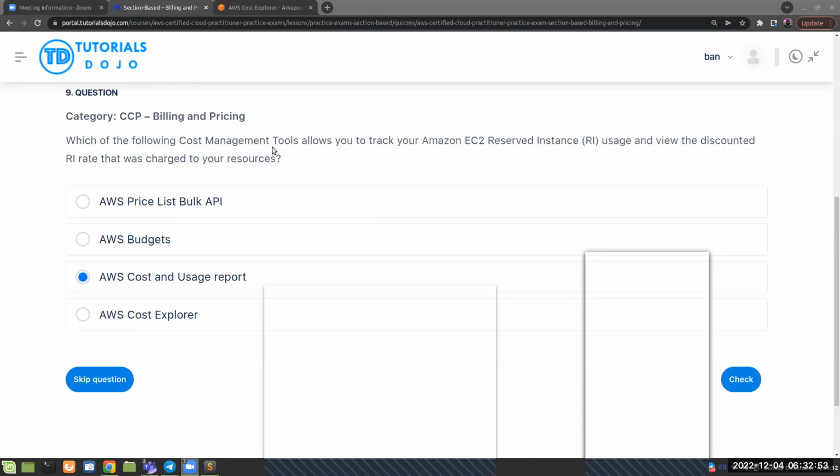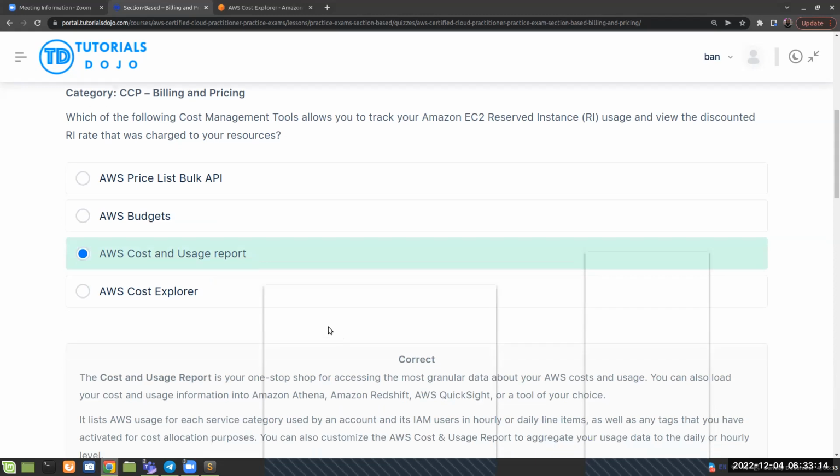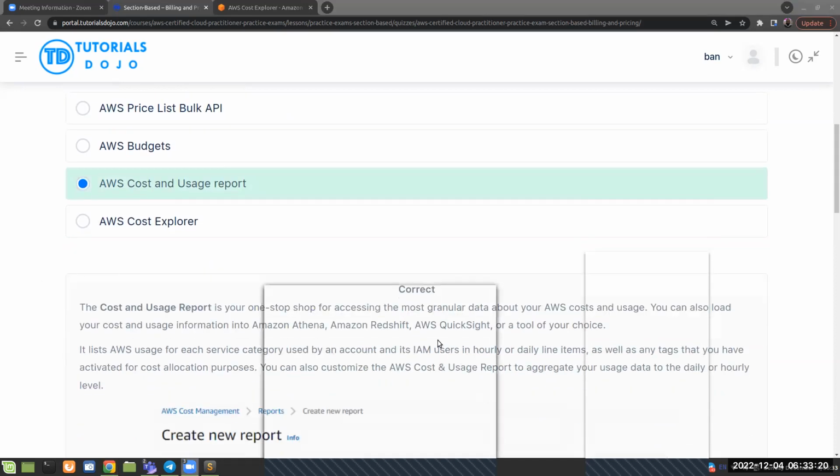The key thing is a tool that will track your Amazon EC2 reserve instance usage and view the discounted RI rate that you are charged. So let's see what's the correct answer. So it's C, cost and usage report, right? Now, why is the difference?